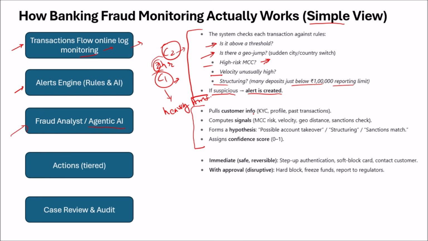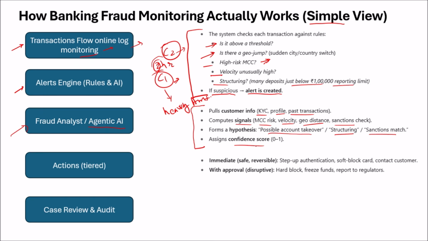It will do this kind of operation: pull the customer information, KYC, profile, past transactions, customer signals like MCC risk, velocity, geo distance, sanction check. There may be some rules like possible account takeover, structuring, sanctions match, and there may be some confidence score about the findings.